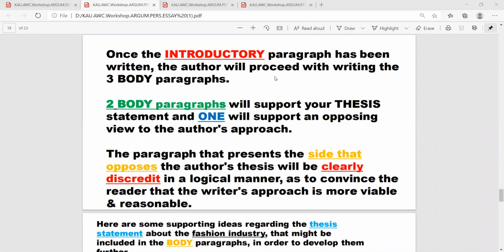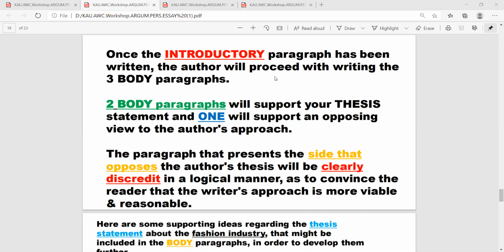If I do in a paragraph write an opposing view, I will certainly show in that paragraph how I discredit the opposing view. So I will say, okay, the opposite view of what I'm saying is this, but I think it's not a good angle, not a good approach because, and then I would give a series of supporting sentences and obviously examples to show that it is not a good view, the one that opposes mine.